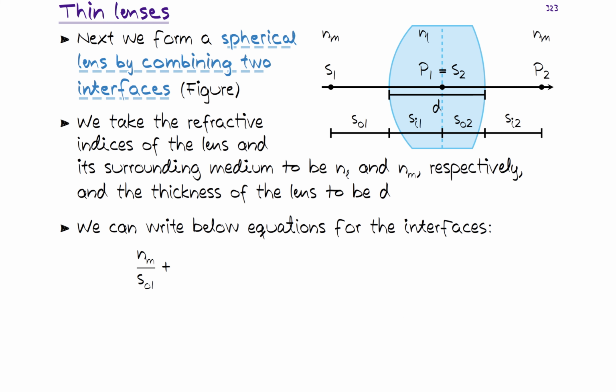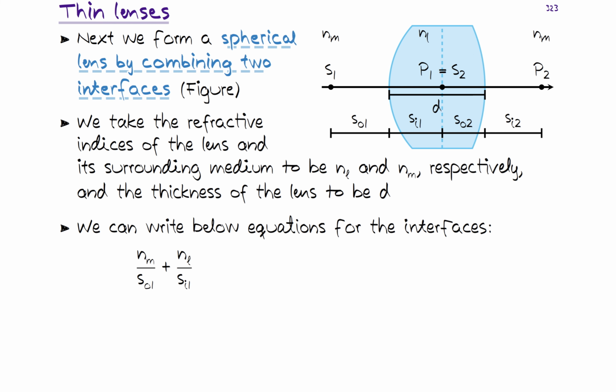So that would be NM divided by SO1. Please note that I'm denoting the first interface with the sublabel 1, and for the second interface I'm denoting the consequent parameters with the index 2.